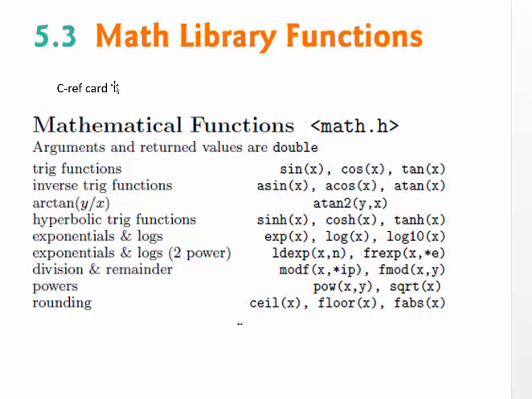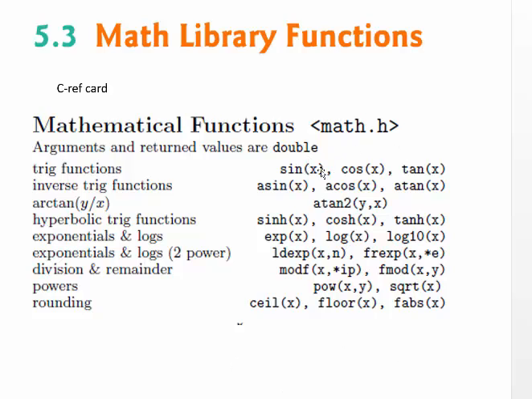Off of that C reference card that I posted on Laulima, there are math functions that come under the math.h header, which is, well, more about headers in a little bit. This is where all of these math functions are defined and reside. It's like a separate file called math.h where all the functions are defined.